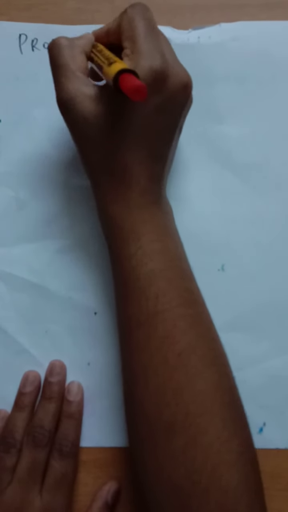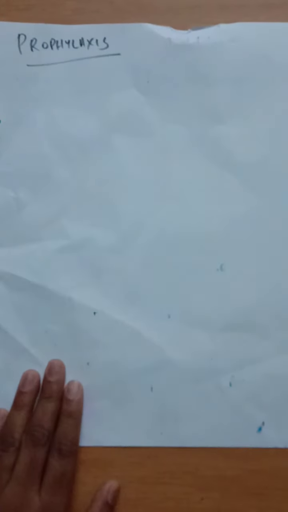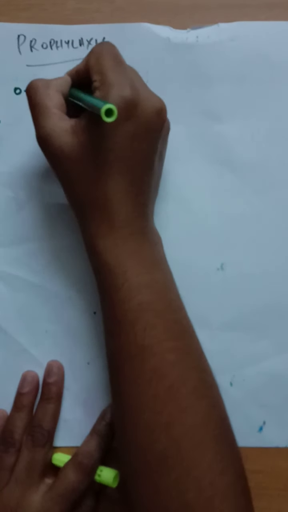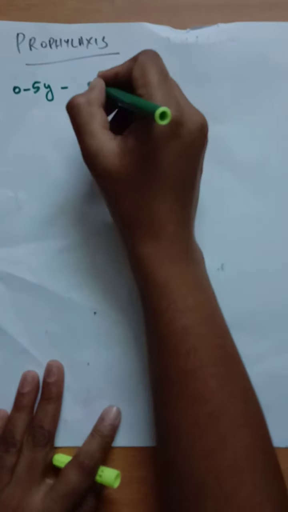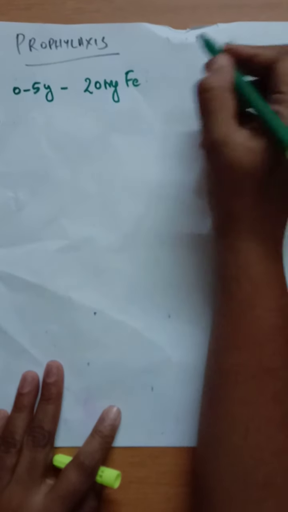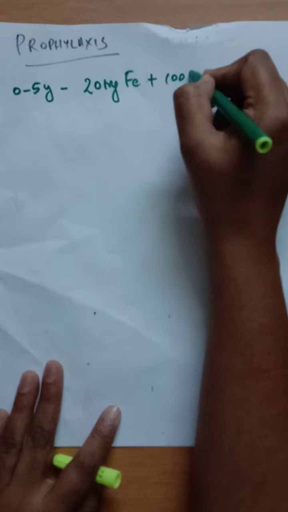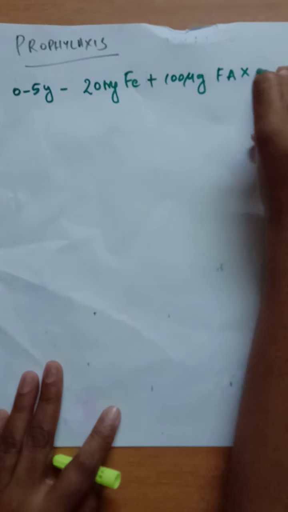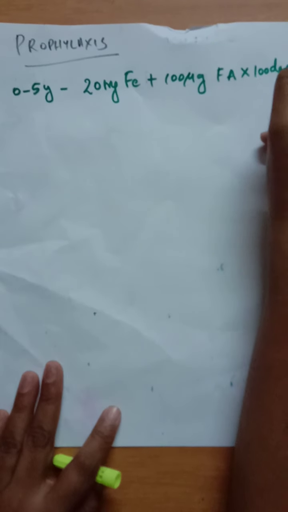In prophylaxis of iron and folic acid, for children 0 to 5 years, 20 mg elemental iron plus 100 microgram folic acid for 100 days in a year.